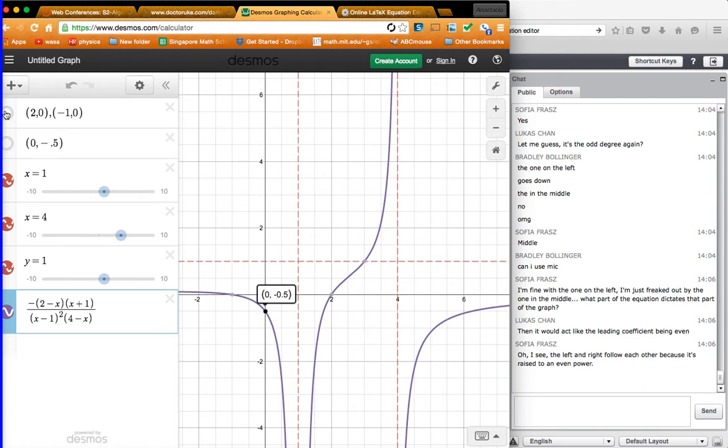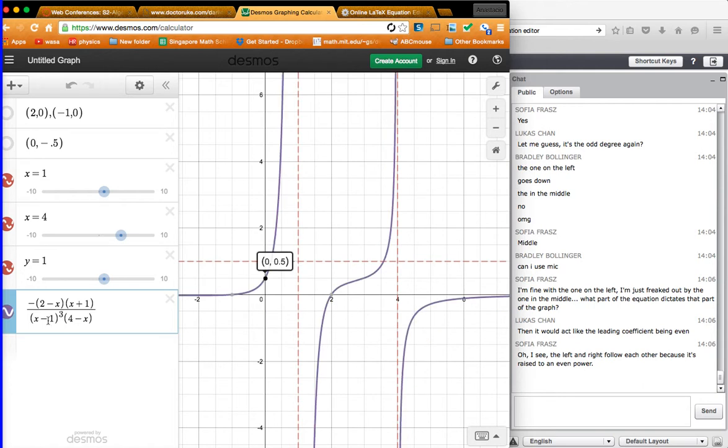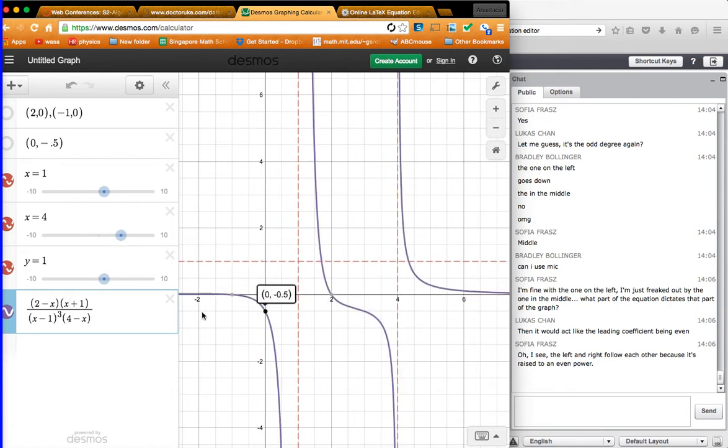Got it? Let's make it a cubic. Okay? Then look, this is doing exactly what we thought it would, where it goes down to infinity and then comes up from infinity. In fact, I would almost say that when this thing is cubed down here, it looks very similar to the graph of when it was 1.